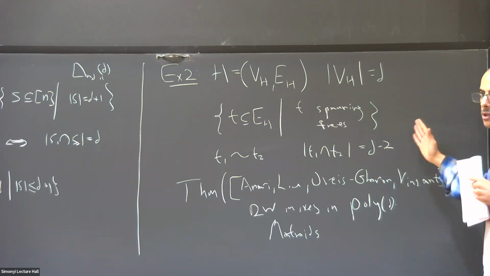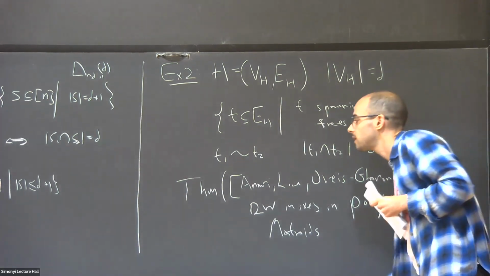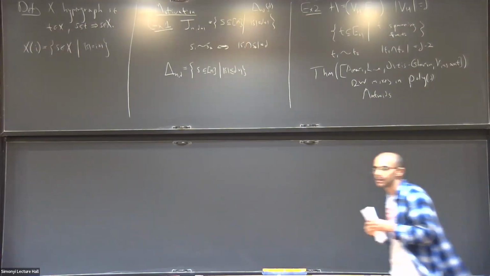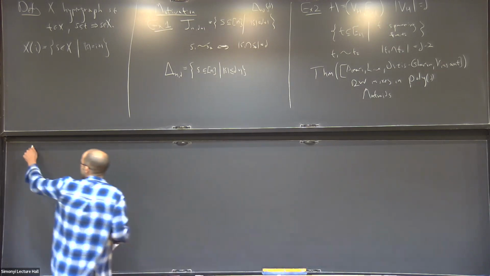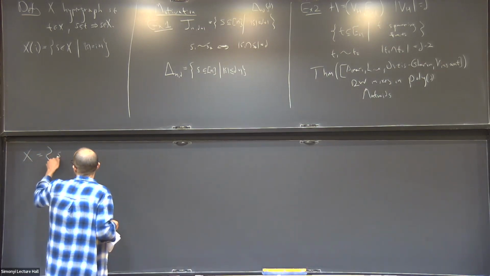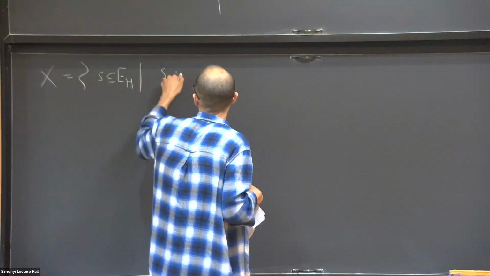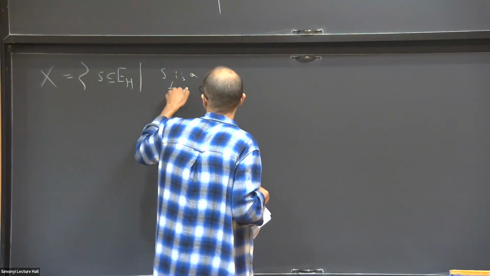So maybe we'll talk about this more at the end of the talk. I just want to say what is the simplicial complex that's behind here? The simplicial complex in this example is just the subsets of the edges that are acyclic, that are forests.